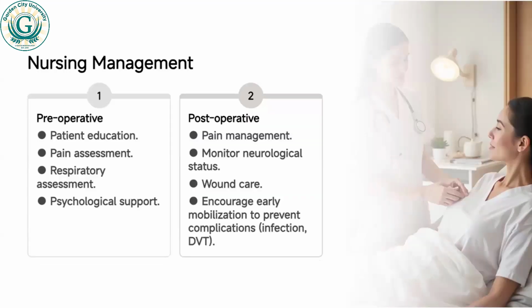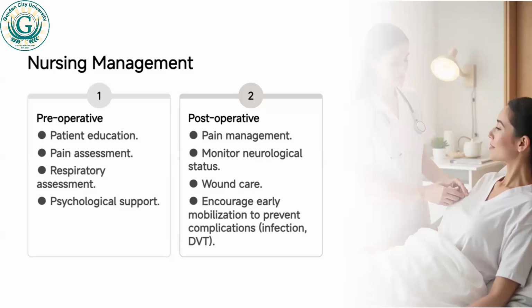So the nursing management here, because if you are going for surgery, we have to prepare you pre-operatively. So we have to educate the patient about the condition, assess the pain level, the respiratory functions, and psychological state. We have to prepare the person to allay any anxiety. And then after the operation too, we have to do pain management.